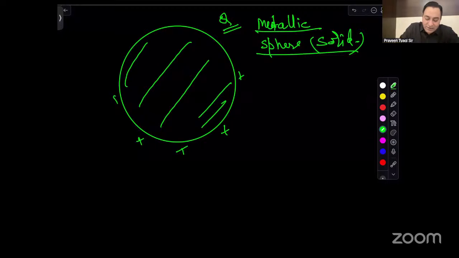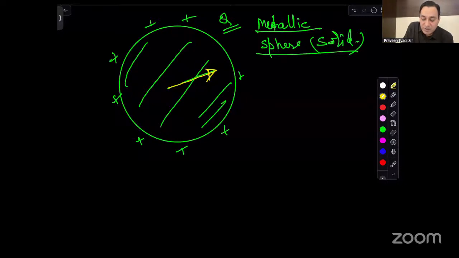Why? Can anyone explain to me? I will give you the logical explanation right now, assuming that all of you are aware. Inside the solid metal, there are free electrons which are free to move. The moment there is a net electric field inside, if by any chance there is a net electric field, those charges will start moving.